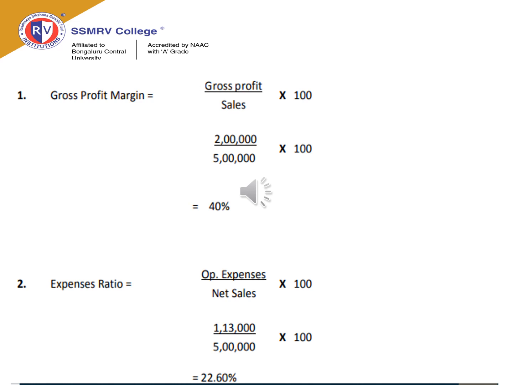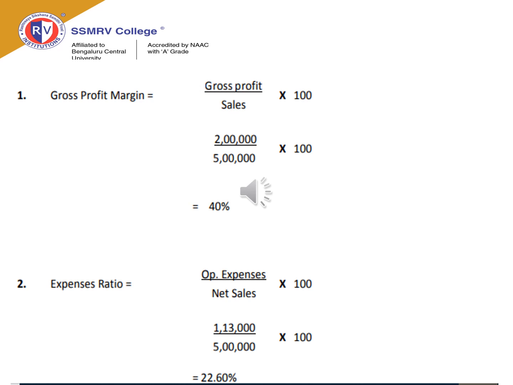And let us see the calculation of expenses ratio. The formula for calculating expenses ratio is operating expenses by net sales into 100. The operating expenses are those expenses which are required to run the routine activities of the business. So from the given information, let us find out operating expenses. The operating expenses are administration expenses and selling expenditure.